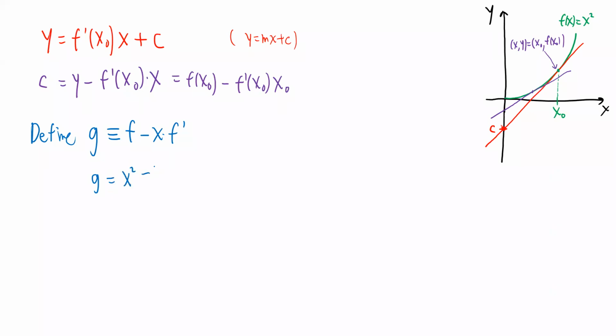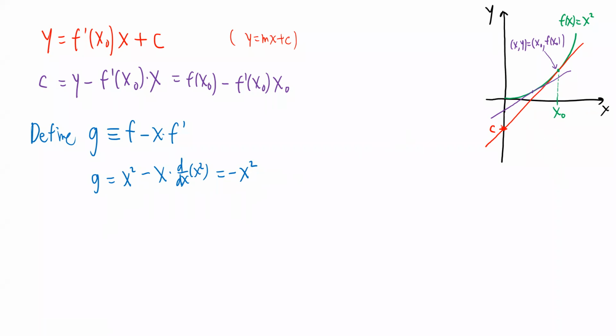So x squared minus x times, and what is f prime? f prime is 2x, and that would be minus x squared. So if you want to plot the curve for g, it will just be an inverted parabola like this.